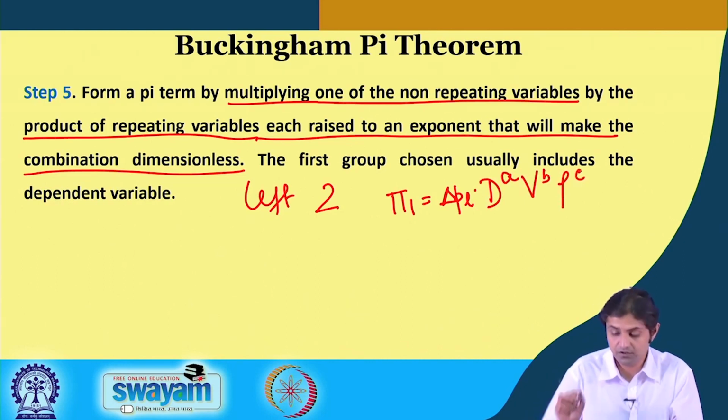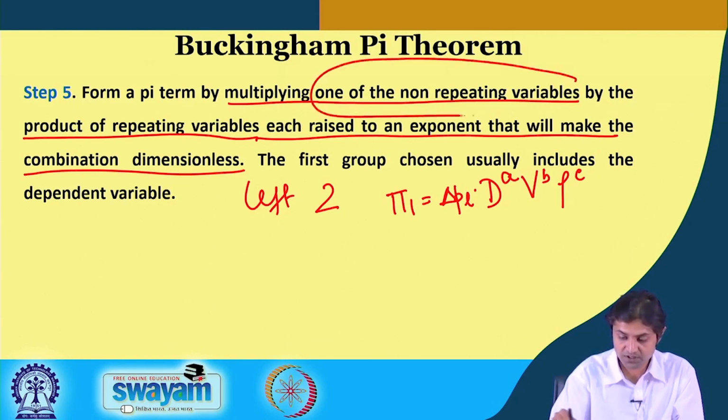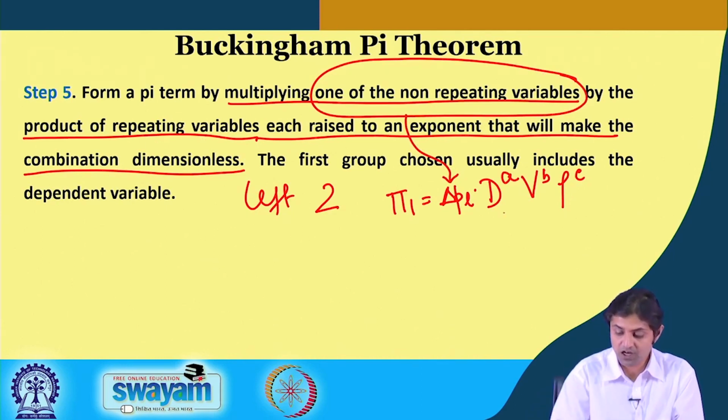We will see exactly how I have done it in this slide, but the main message is multiplying one of the non-repeating variables, which is the pressure drop per unit length, by the product of repeating variables, each raised to an unknown exponent a, b, c.